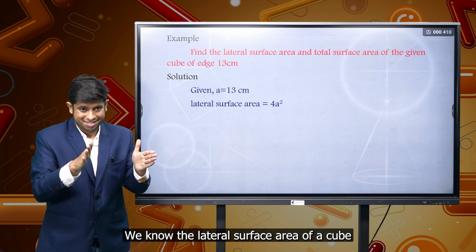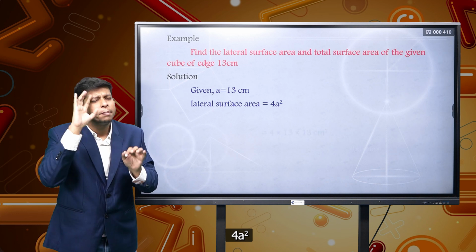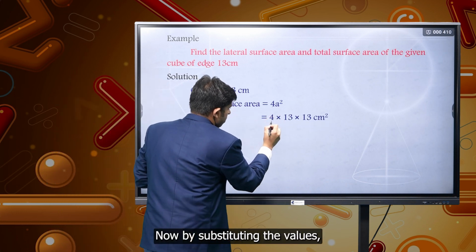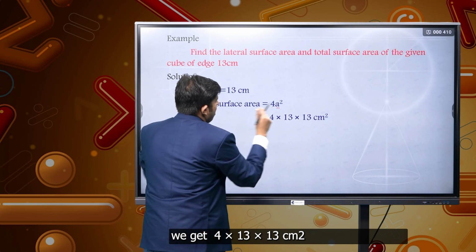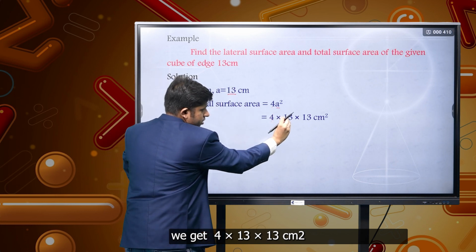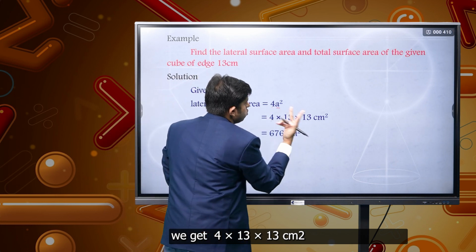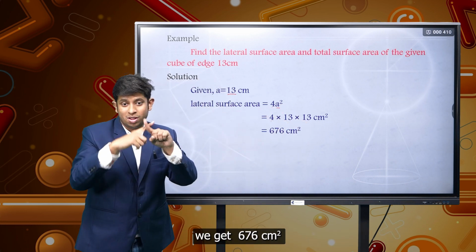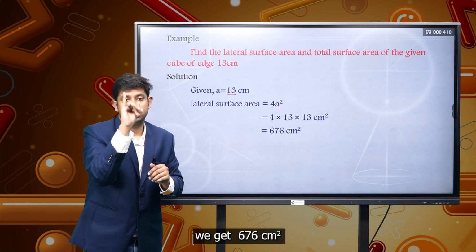We know the lateral surface area of a cube is equal to 4A square. Now, by substituting the values, we get 4 into 13 into 13 cm square. By multiplying all the values, we get 676 cm square.